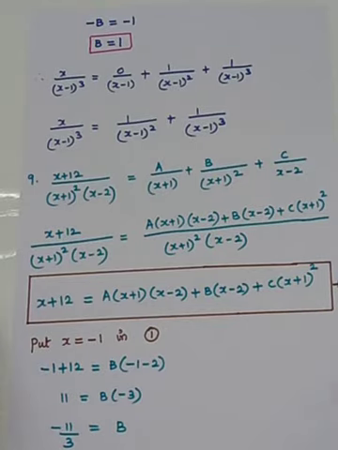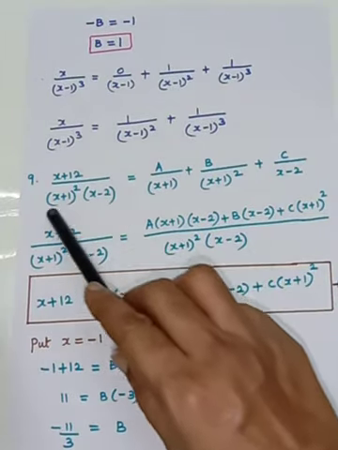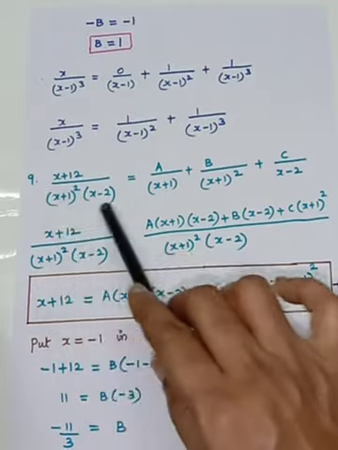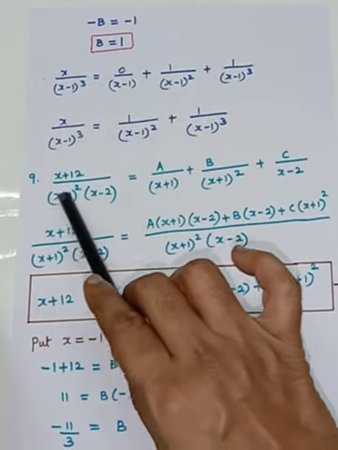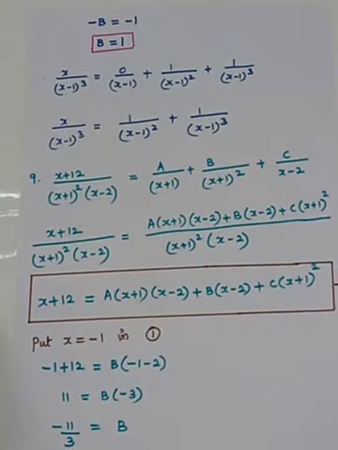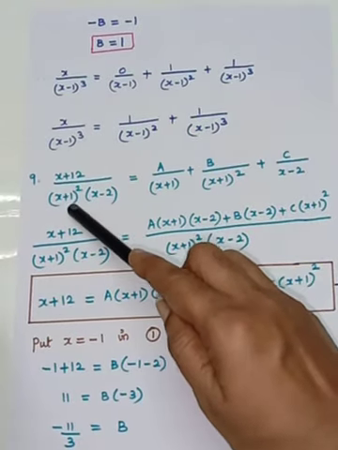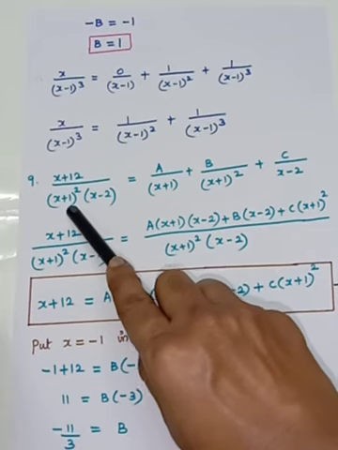Okay. Partial fraction, when you go, you have to see the denominator. You look at the denominator. Okay. What is x plus 1? X plus 1 is a linear factor, but it is repeated twice because it is (x plus 1) the whole square. Okay. So if the linear factor has repetition, how will you write?